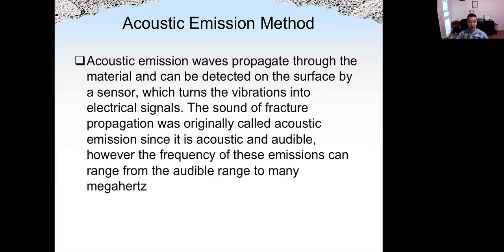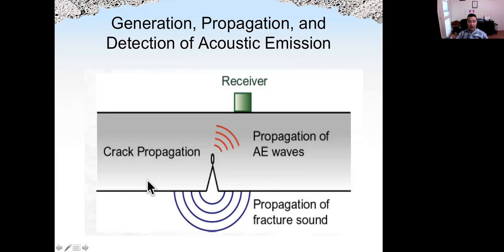So it's not only limited to the audible range. So again, the crack is generated by the material itself, and then the energy, the signal, is detected by the receiver, which is installed on the surface for a long time.